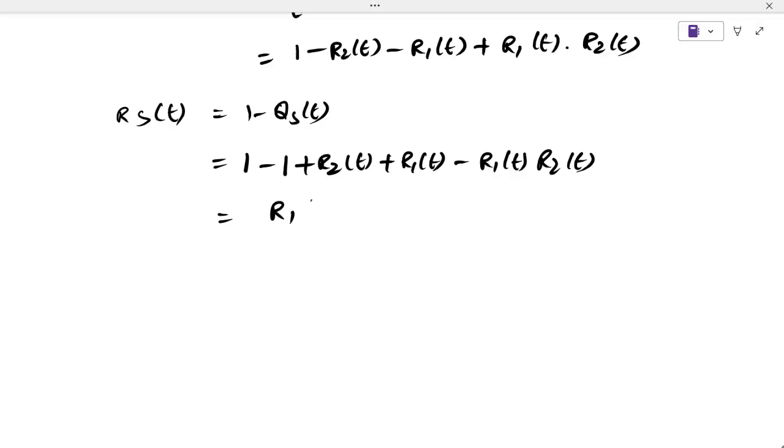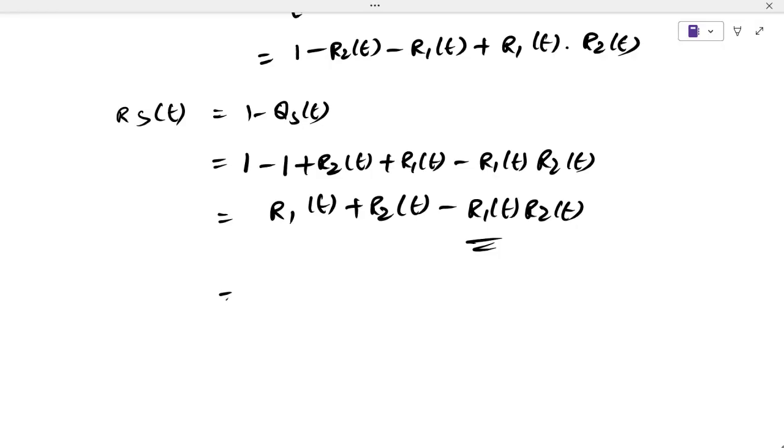Finally we get R1 of t plus R2 of t minus R1 of t R2 of t. This is the simple union rule of reliability, that is for system reliability.